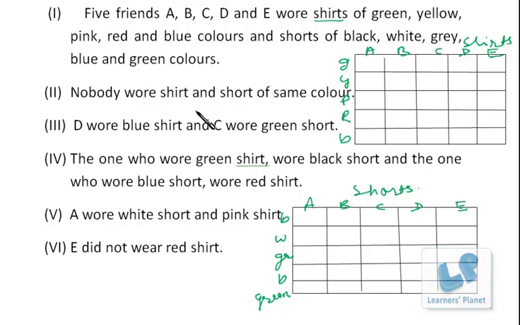Now let's fill up the information. Nobody wore shirt and short of the same color. Leave that. Now D wore blue shirt and C wore green short. D and blue, this is correct. Remaining are wrong. Now C wore green short. C and green, this is correct, so remaining are incorrect.